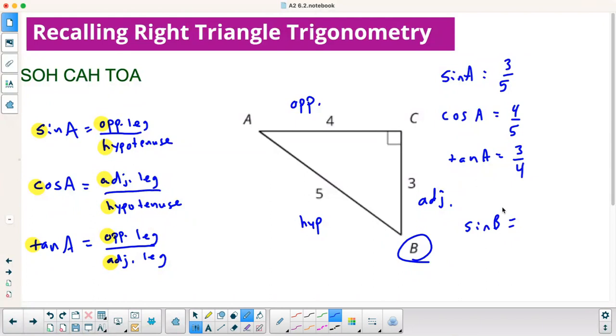So the sine of B is 4 over 5, opposite over hypotenuse. Cosine of B is adjacent over hypotenuse. And then tangent of B is opposite over adjacent, so 4/3. Okay, we'll review there.